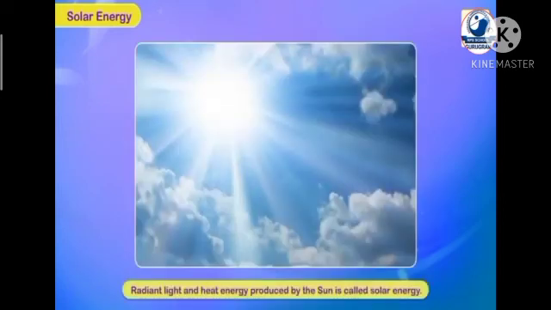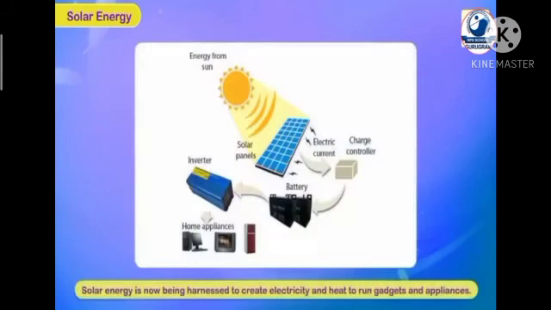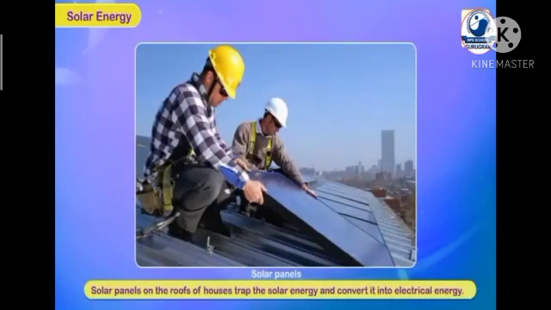Solar energy. Radiant light and heat energy produced by the sun is called solar energy. This energy is vital for the survival of living things on earth. Additionally, this energy is now being harnessed to create electricity and heat to run gadgets and appliances.